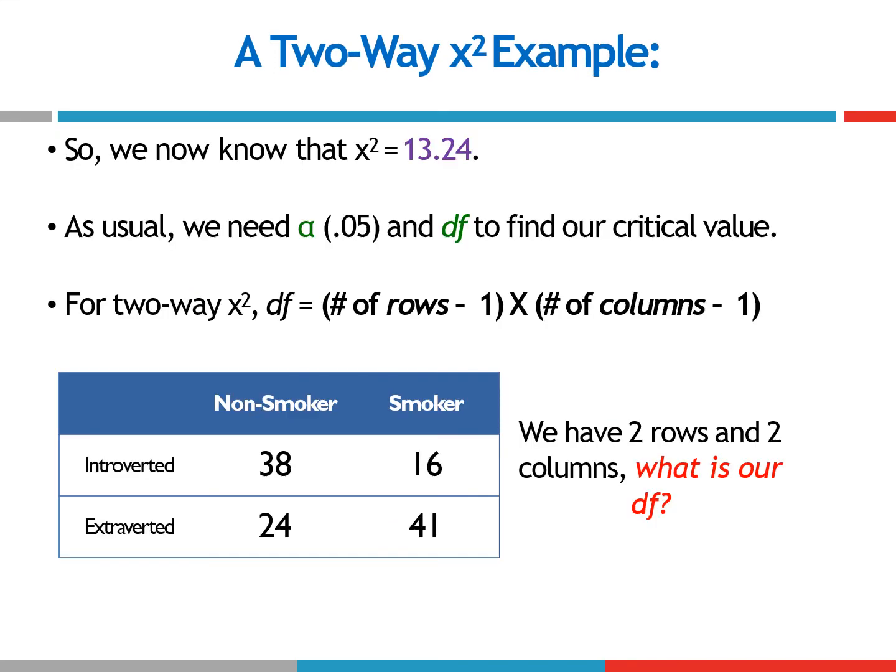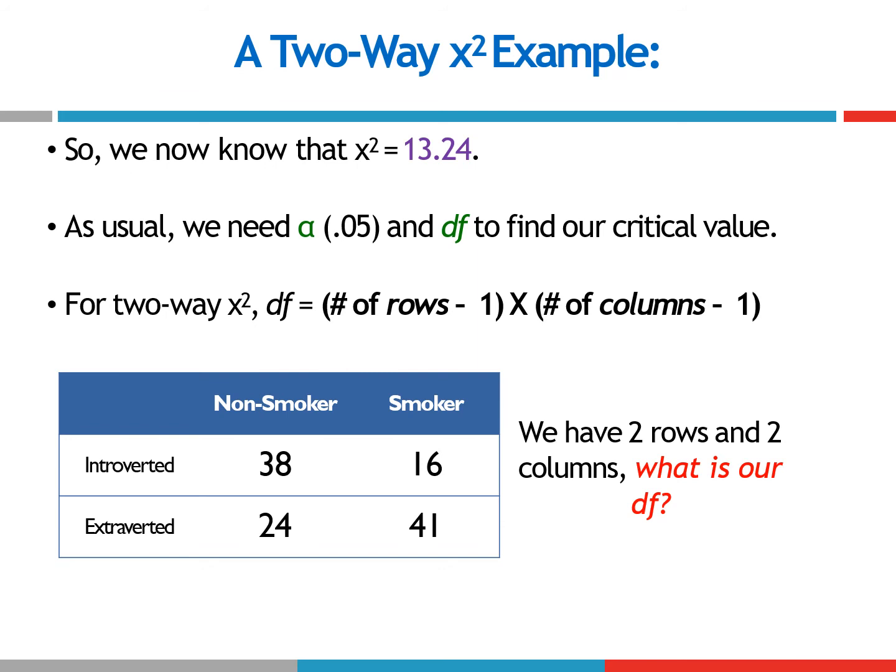Right? And if you've been paying attention, you would know what our next steps are. Now that we know that our chi-square value is 13.24, we need to set our alpha level to 0.05, and we need to calculate our degrees of freedom so that we can compare our obtained chi-square value of 13.24 to a critical value. The calculation for degrees of freedom for the two-way chi-square is simple, as long as you know the formula.